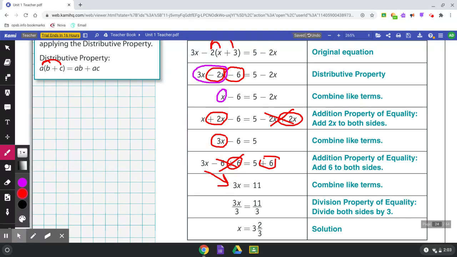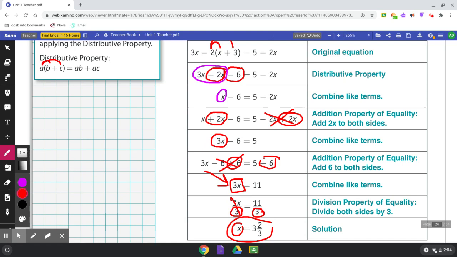Now, in order to isolate the variable x, you divide by 3. My operation here is multiplication, so I need to divide. The inverse operation of multiplication is division. When I divide both sides by 3, the 3's cancel, and that leaves me with x equals 11 divided by 3, which simplifies to 3 2/3.